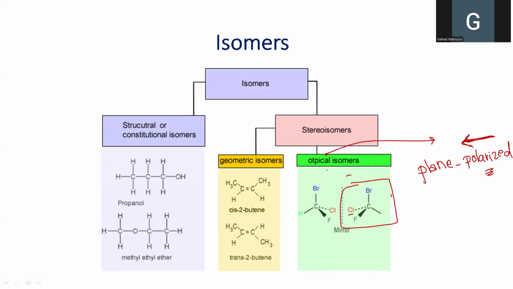These optical isomers will show one of two behaviors. Either they cause dextrorotation, dextro means to the right, or they might cause rotation to the left.